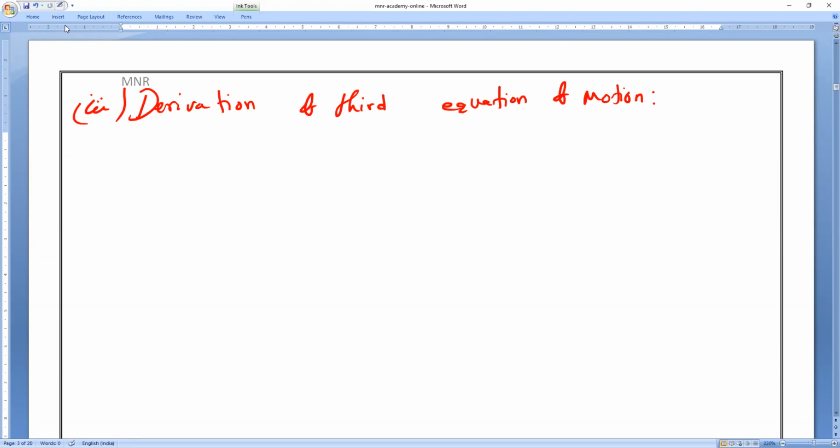Final velocity plus initial velocity by 2. Till there you take. Start proceeding.